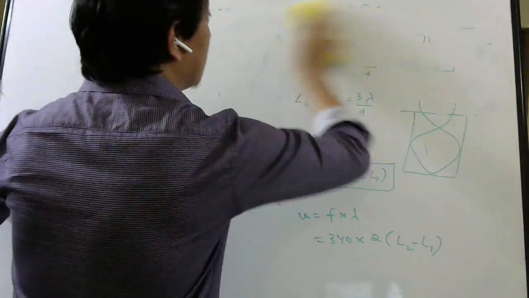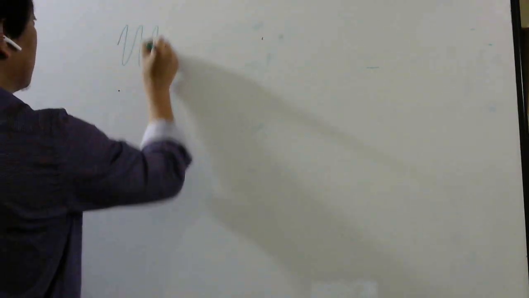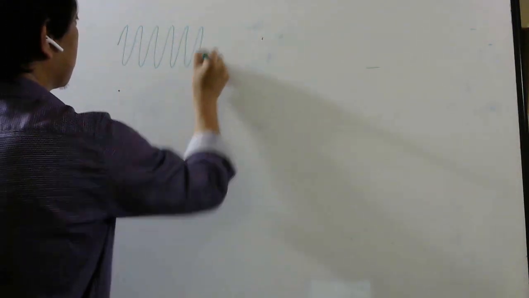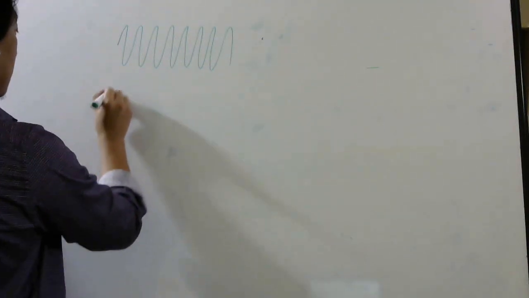Now we will quickly discuss beats. In beats, two traveling waves with slightly different frequencies, traveling in the same direction, overlap. So one is like this, and the other one is, let's say, like this.